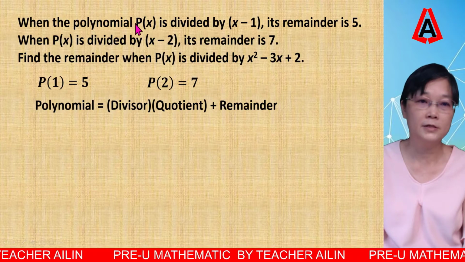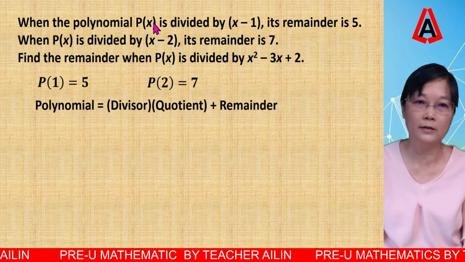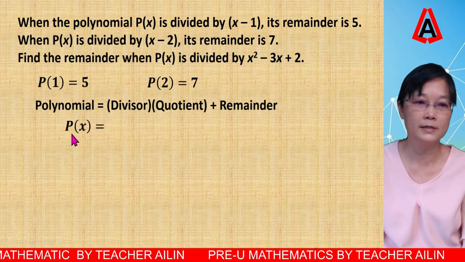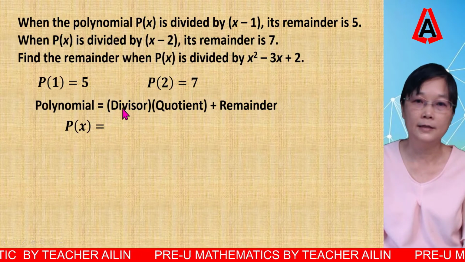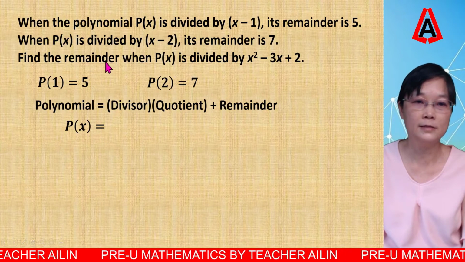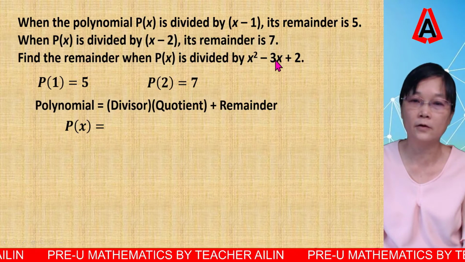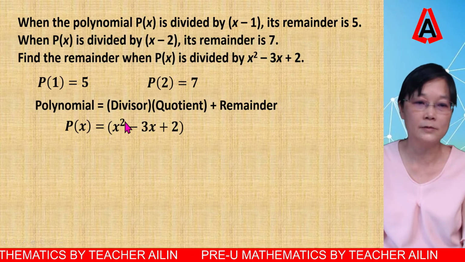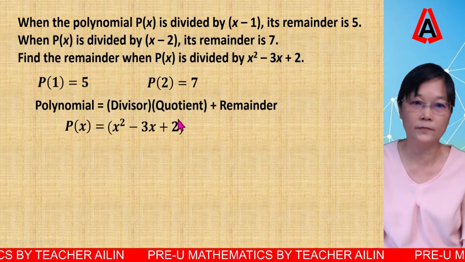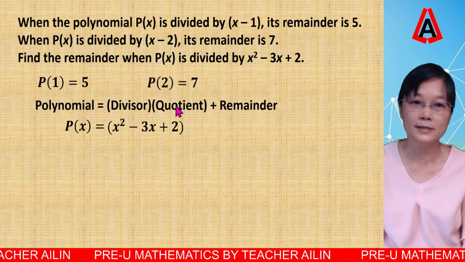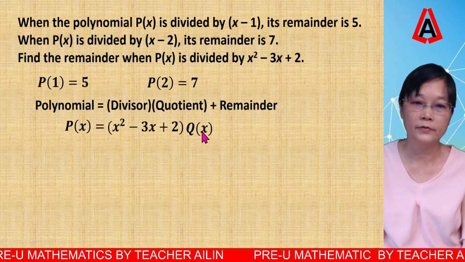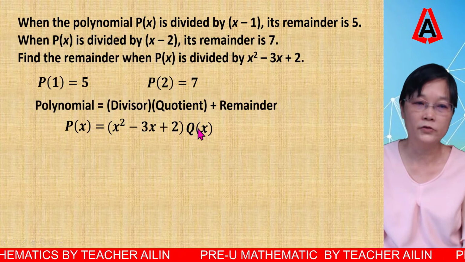For this question, the polynomial is unknown, so we simply write it as p(x). The divisor is this quadratic expression, x squared minus 3x plus 2. The quotient is unknown, so we simply use q(x) to represent the quotient.